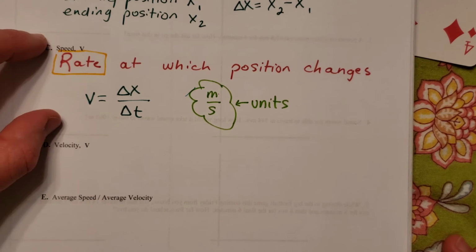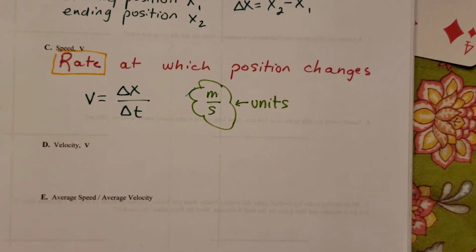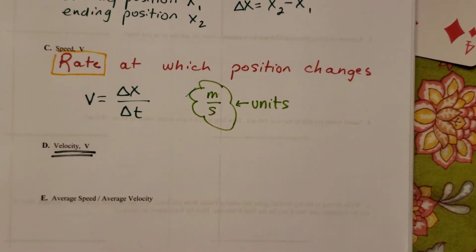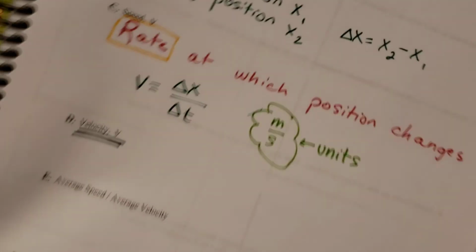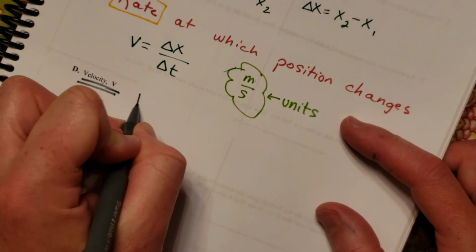Now let's talk about how speed and velocity are different, because we might use them interchangeably while talking, but they are different values. So here's the thing. Velocity is going to include direction. Suddenly, direction really matters.